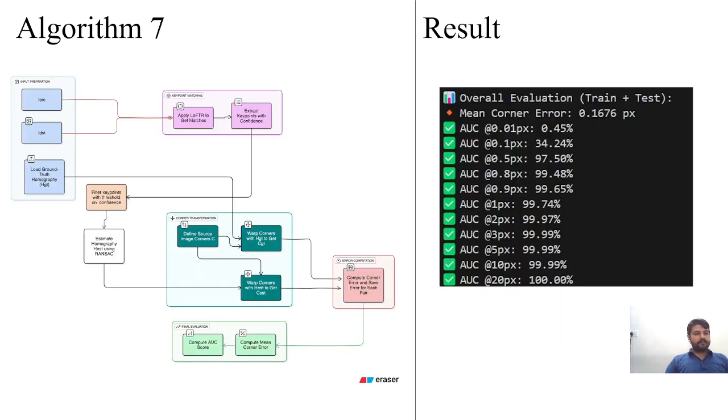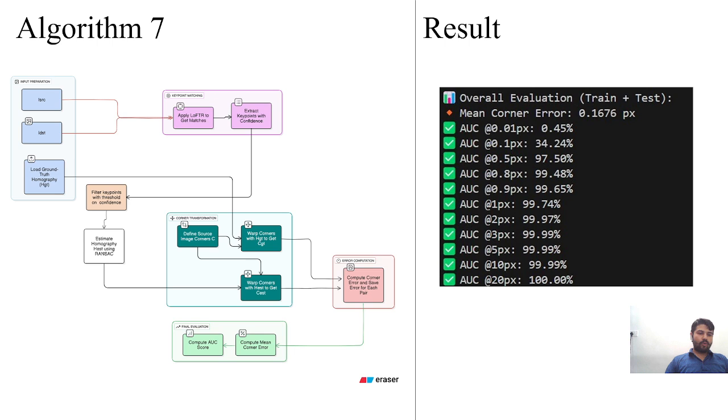In algorithm 7, I have the actual image and the warped version of that image with the homography matrix, and I apply LoFTR to get the matching points with confidence. I filter the key points with a threshold to get the best result and avoid noisy points.